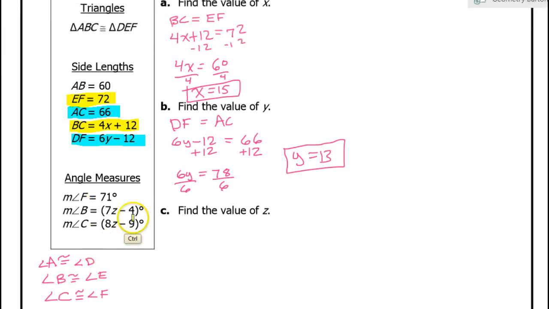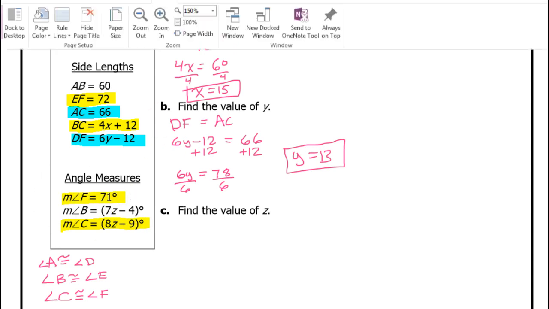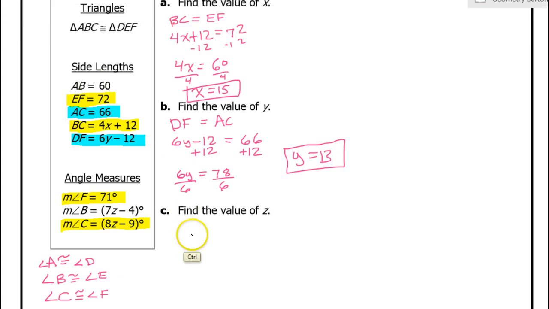So let's see. Now let's look for a match. A and D, those are not on the list. How about B and E? I see B, but there's no E. How about C and F? Well, there you go. Angle C is congruent to angle F. So that's what I'm going to use to solve this one.